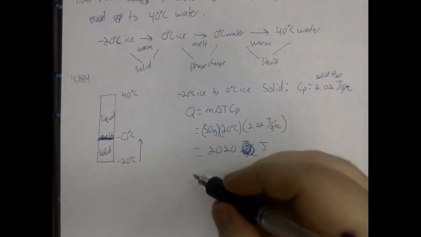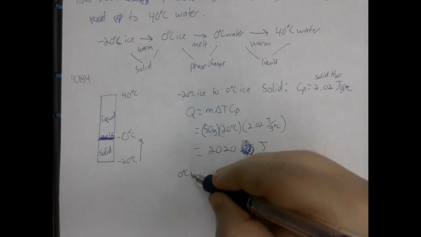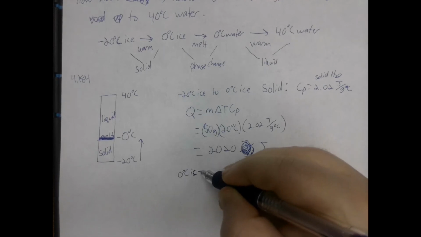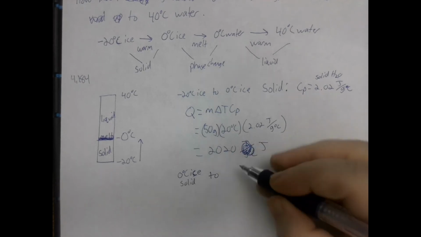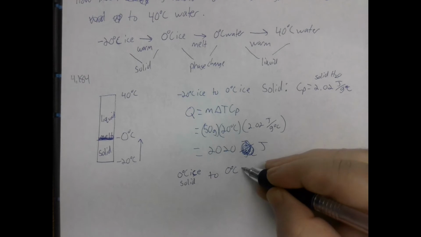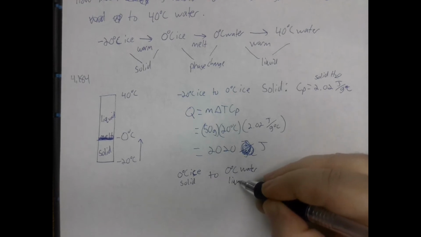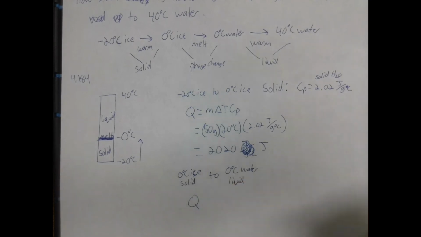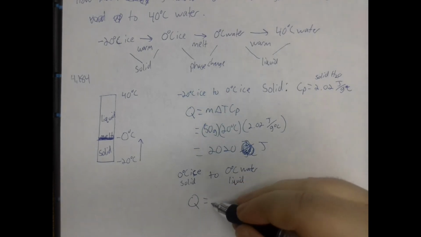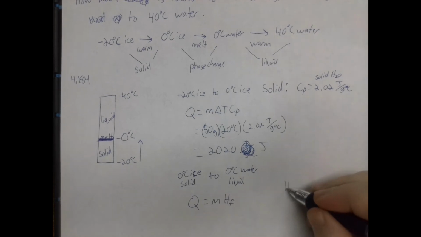Now we have to handle the phase change. During the phase change, we're going from 0 degrees Celsius ice, which is a solid, to 0 degrees Celsius water, which is a liquid. So we use the heat of fusion equation.